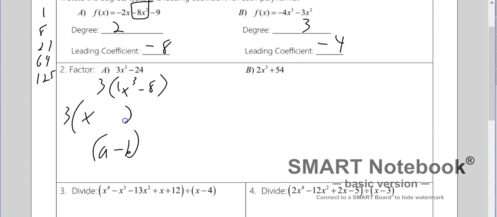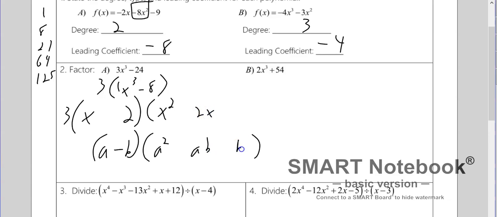And then 8 cube root is 2. I'm not going to worry about the sign right now. Then we square the first term. So 1x times 1x is 1x squared. Then we multiply a times b. So that's 2x.